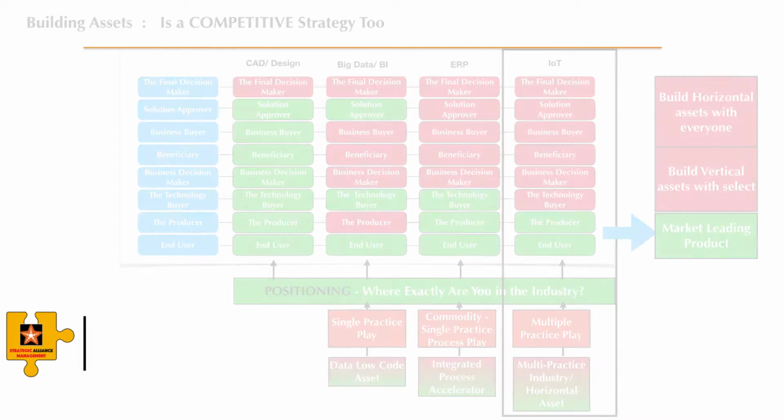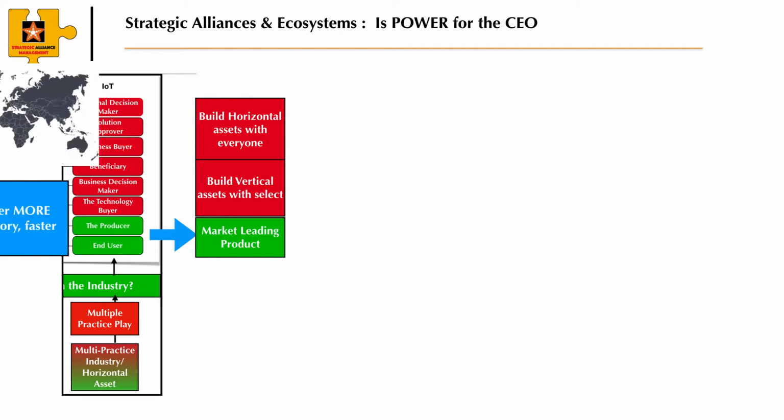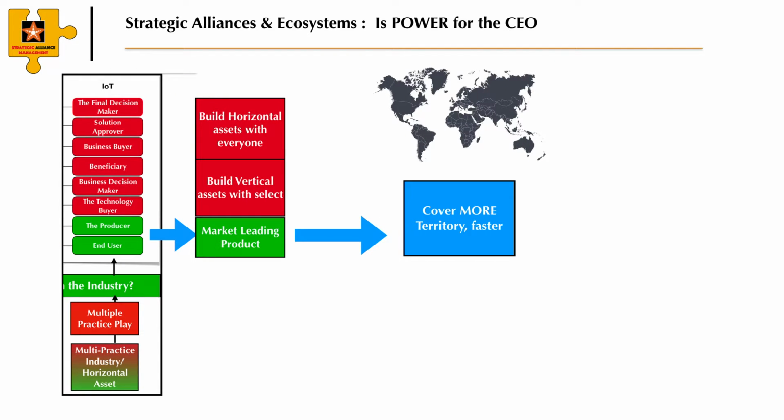Now, this is where strategic alliances creates power for the CEO. And this is exactly the reason I always say strategic alliances is all about power, power, and power. Now, if you can build these assets, here are the three advantages.